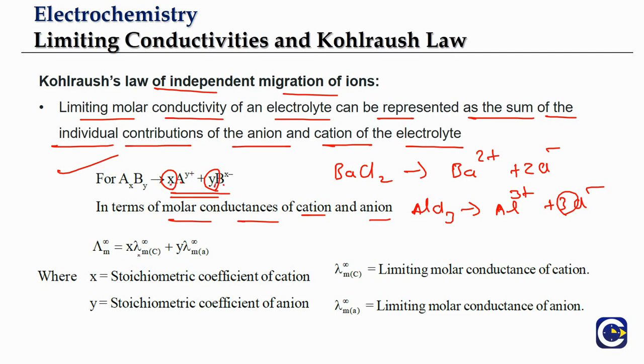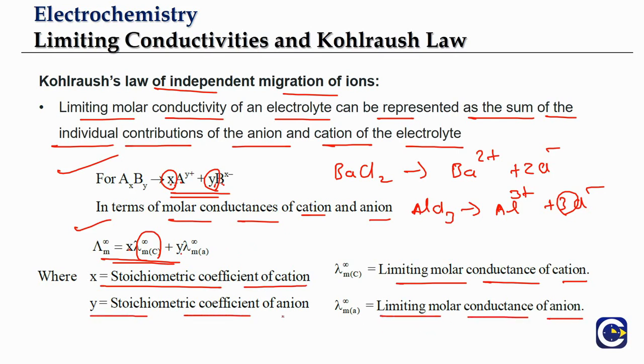So we have to multiply the molar conductivity of the cations by the number of times they are present, plus the molar conductivity of the anions multiplied by the number of times they are present, and that is going to give us the limiting molar conductivity of the electrolyte. So when calculating it, we have to multiply the limiting molar conductivity of the cations and of the anions by the respective stoichiometric coefficients.